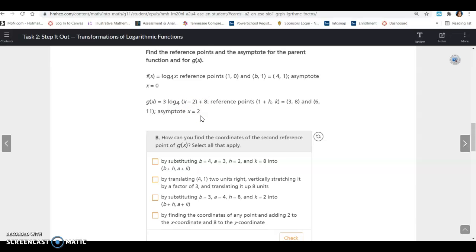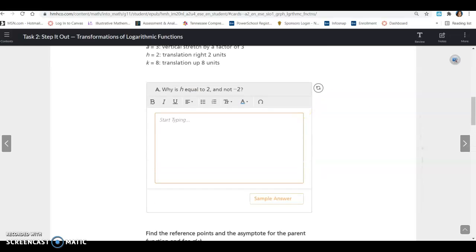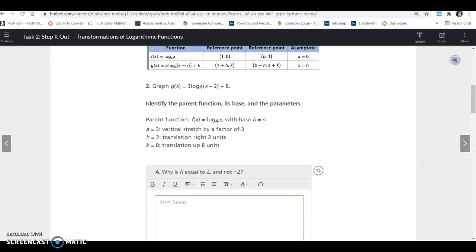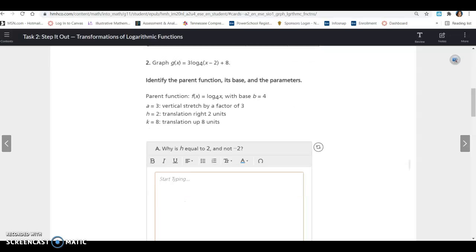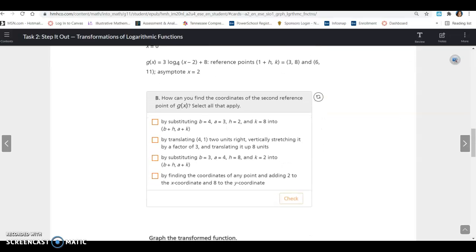How can you find the coordinates of the second reference point of g of x? Select all that apply. Okay, again, that's going to be b plus h and a plus k. All right, so down here it says by substituting b, a, h, and k into b plus h and a plus k, so that is correct.